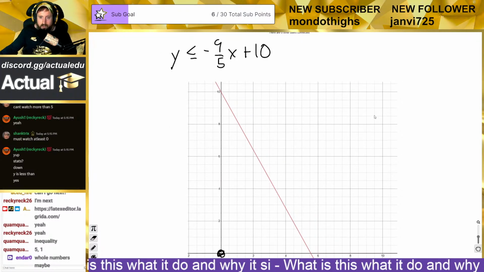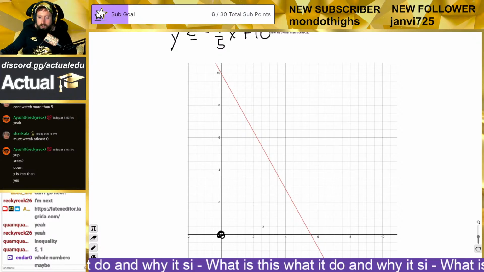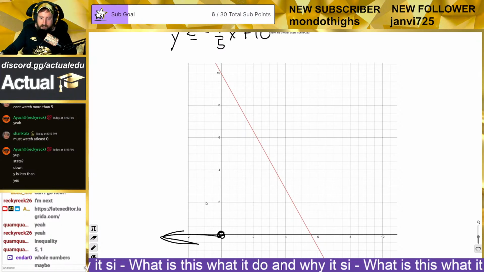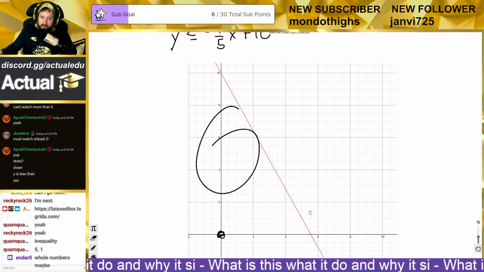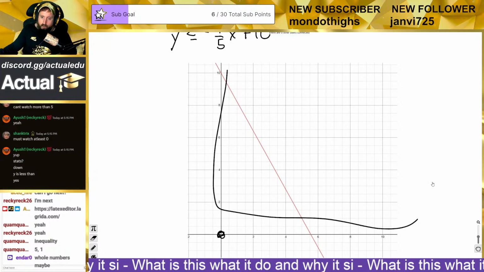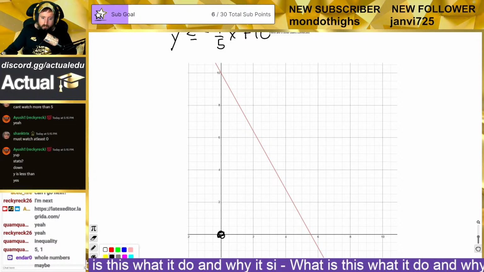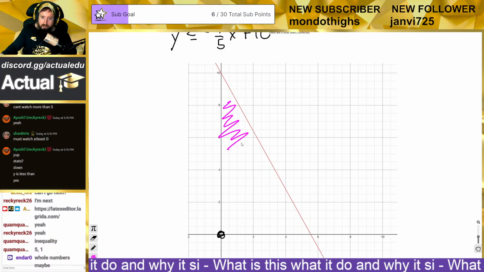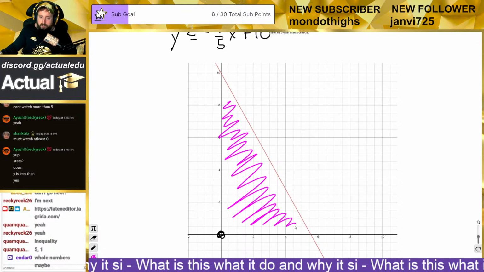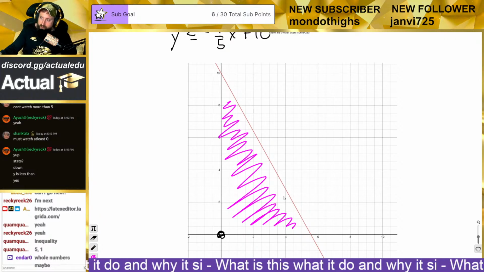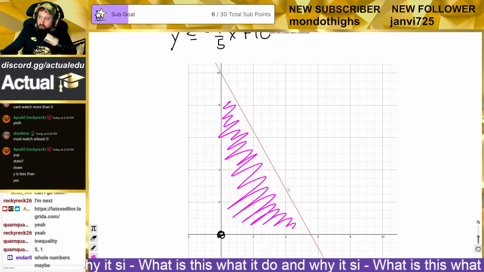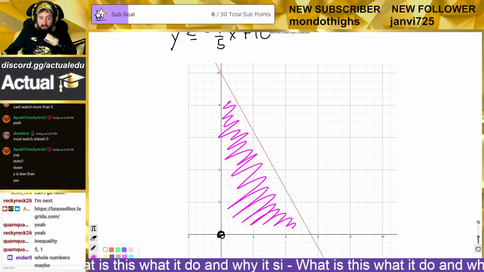Okay. So we already know that she can't go to the movies negative times. She can't skate negative times. So everything has to be in quadrant 1. And we know that these are the acceptable things she can do. Now, if she's not equal to the line, then that means she hasn't used all the money yet.